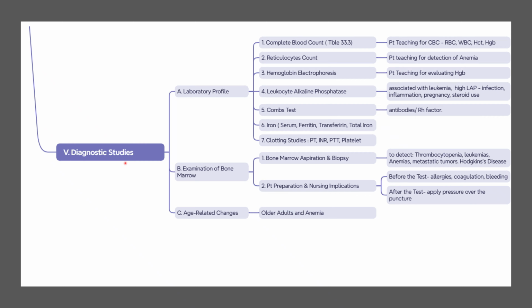Diagnostic tests include the complete blood cell count, the CBC, with differential, reticulocyte count, peripheral blood smear, coagulation tests, PT, INR, PTT, iron studies like ferritin, vitamin B12 and folate levels, and bone marrow biopsy.